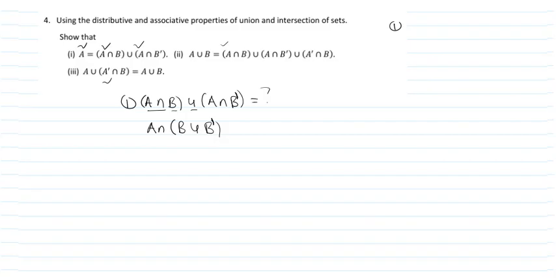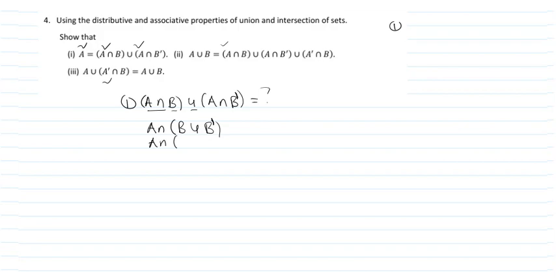So how are we handling this then? We have now A intersection, open bracket. So what is B union B complement?